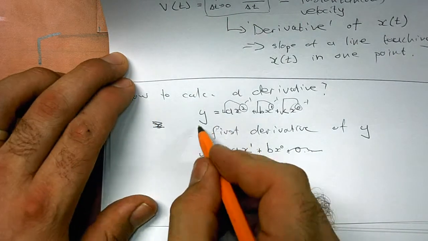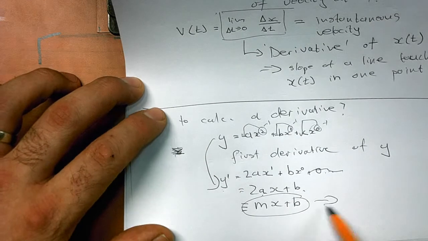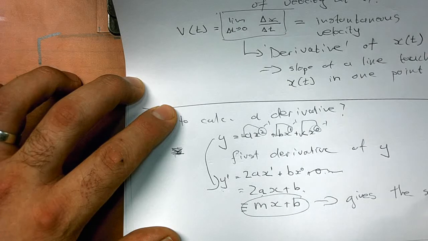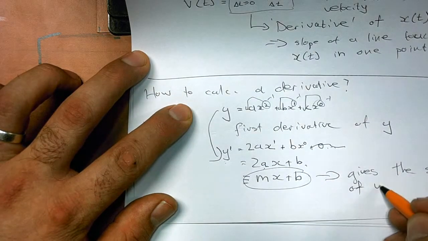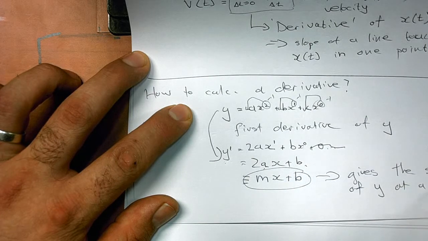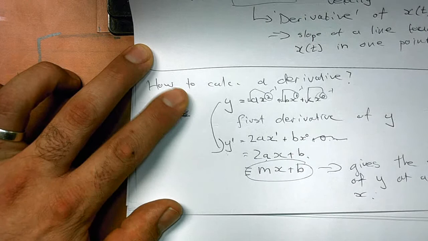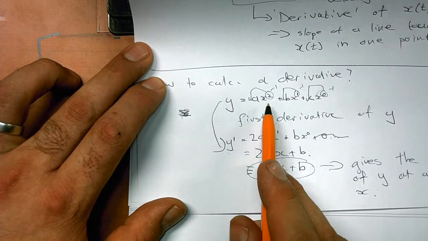So what does this mean? This function gives the slope of our parabola at point x. And we can calculate the derivative of this as well. We just follow the same formula.